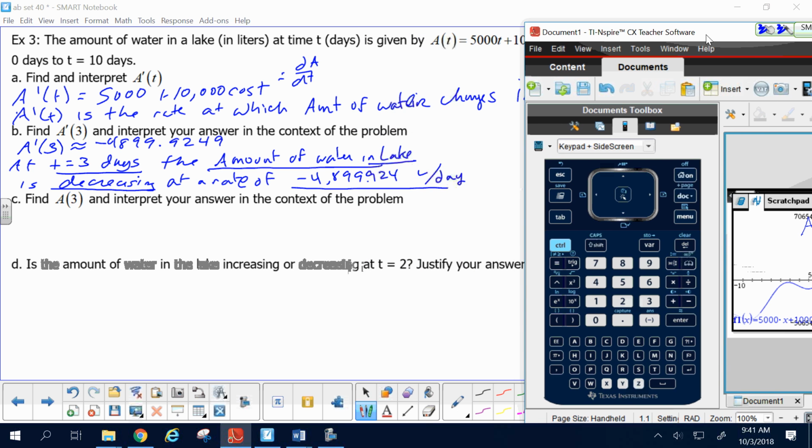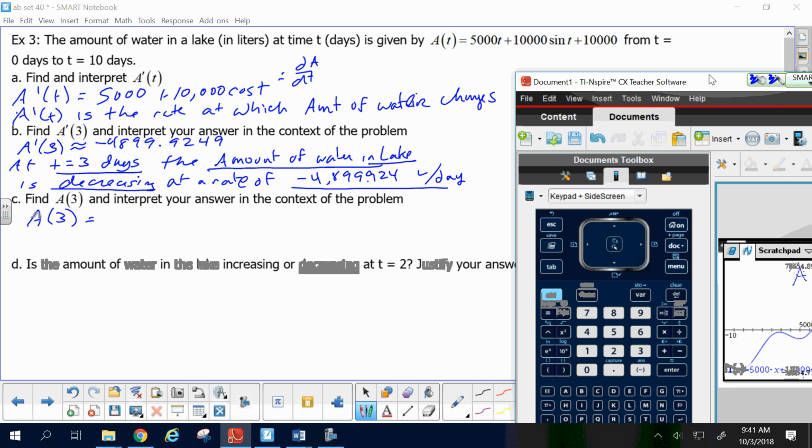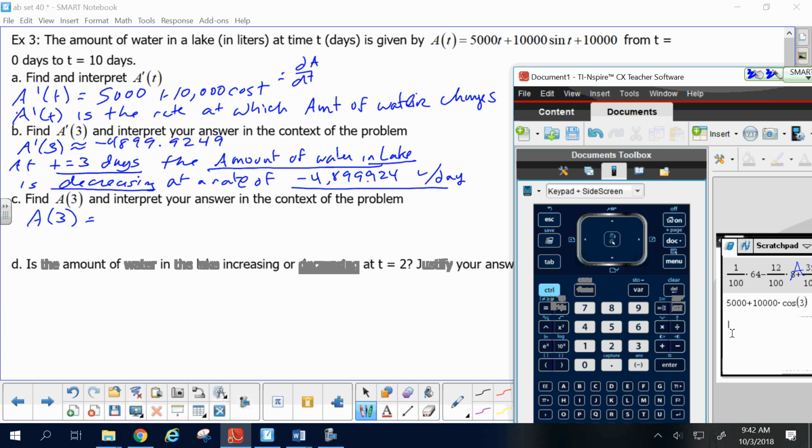Okay. What about A of 3? A of 3 is not going to involve the derivative. So A of 3 is just plugging in to the equation. Calculate A of 3, please. So we're not using the derivative now.